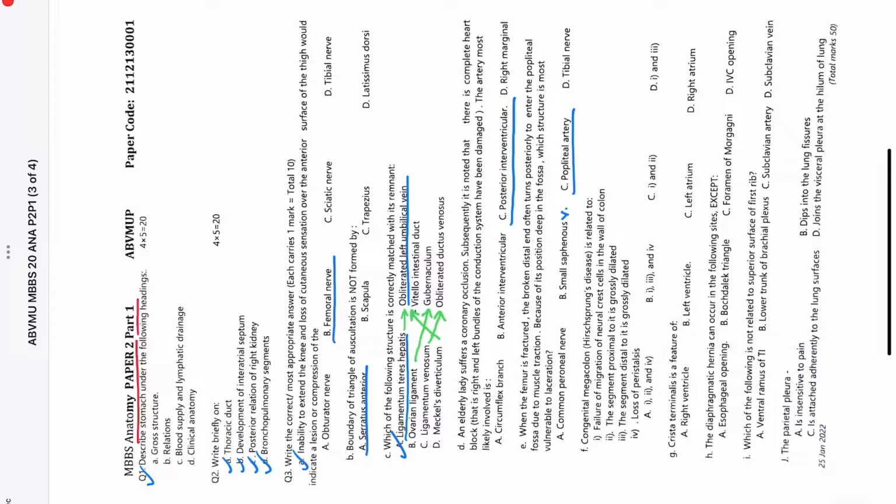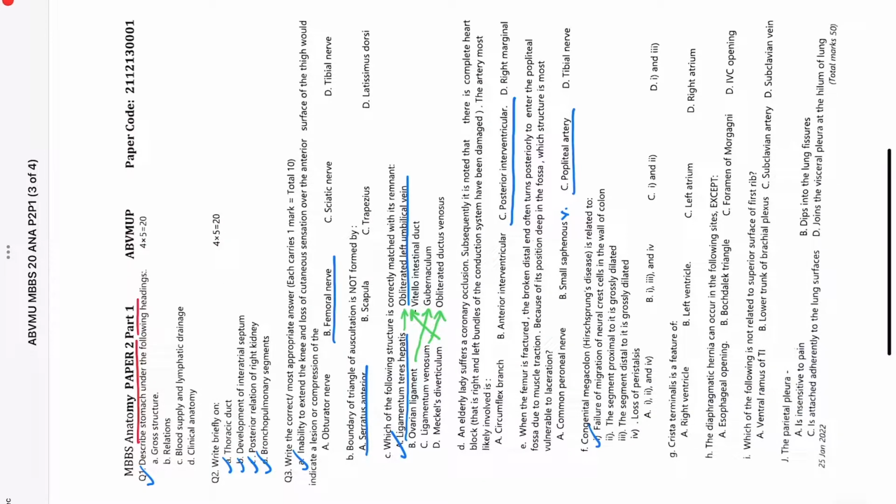So let me tell you a little bit about Hirschsprung's disease. Of course it's the failure of migration of neural crest cells in the wall of the colon. This number 1 is the correct statement. That is the exact cause, and of course that results in loss of peristalsis, because of the ganglion cells. Remember, those are the cells which interconnect the parasympathetic nerve fibers and the smooth muscle cells. So there are Meissner's and myenteric plexuses.